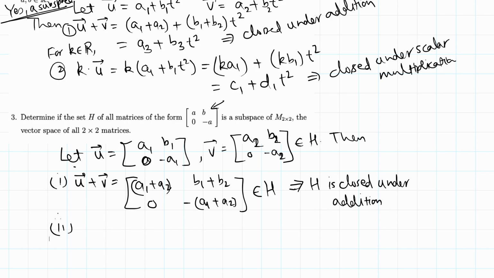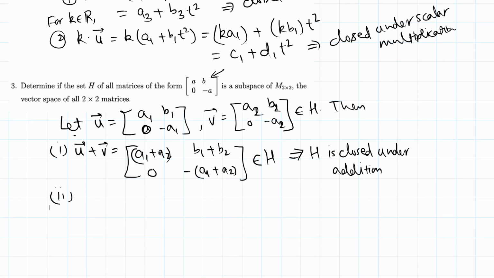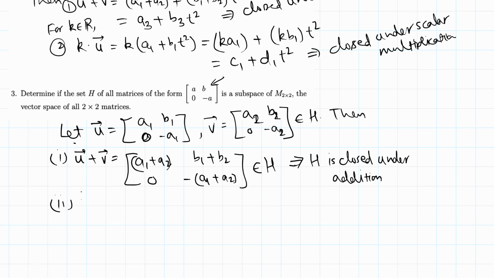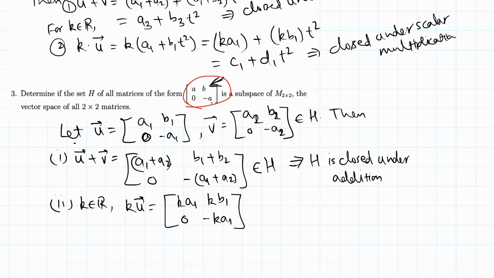Now we want to take a real number and multiply U. So K, any real number, times U will be KA1, KB1, 0, negative KA1, which is also of this type.